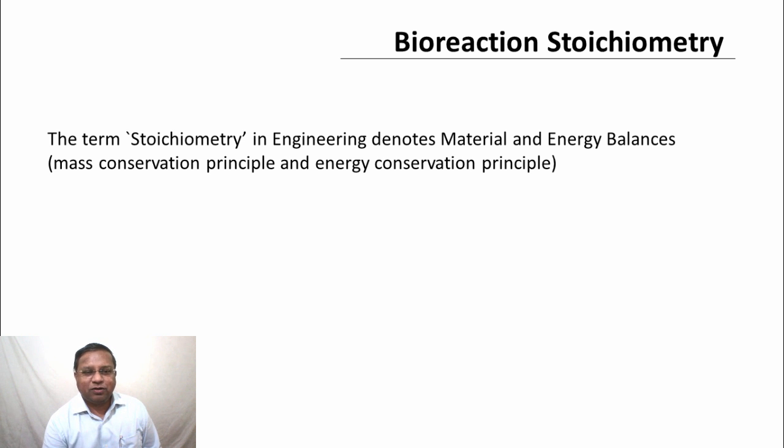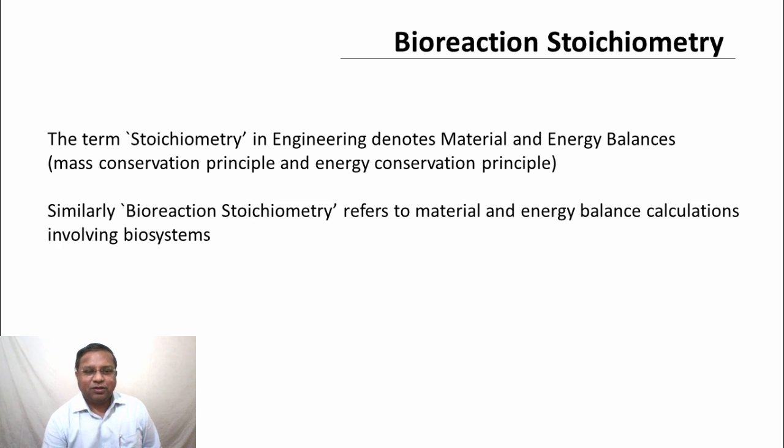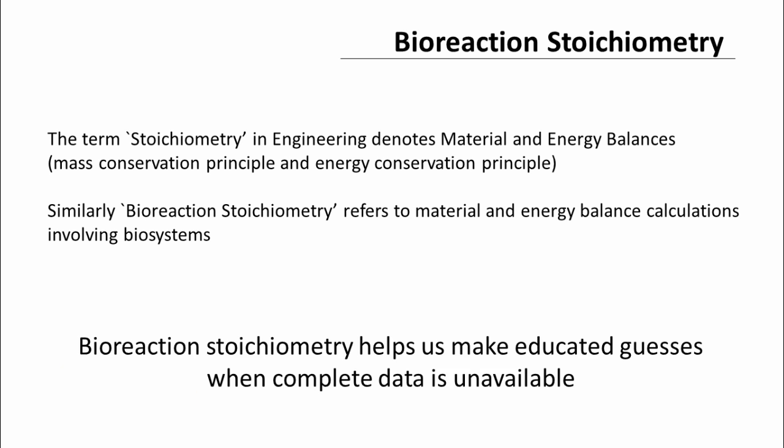You have books on stoichiometry. Similarly, bioreaction stoichiometry refers to material and energy balance calculations that involve biosystems. Bioreaction stoichiometry helps us make educated guesses when the complete data is unavailable. That's how we are going to look at it.